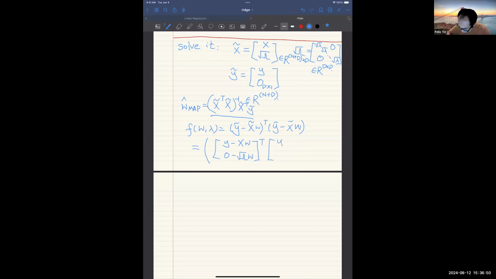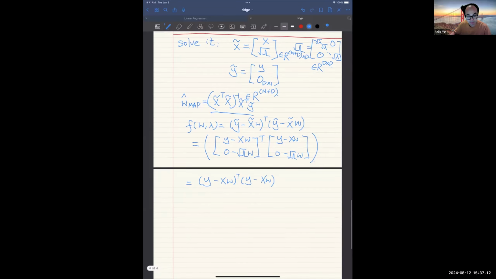Then multiply by y minus Xw, and 0 minus square root of lambda w. Then we multiply them out. This becomes (y minus Xw) transpose (y minus Xw) plus w transpose lambda w.